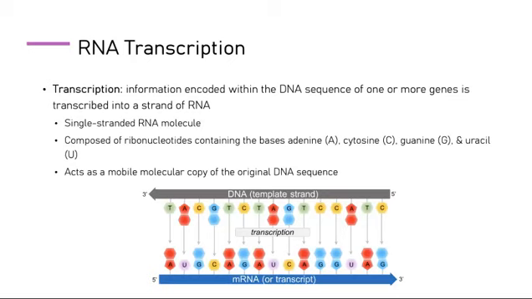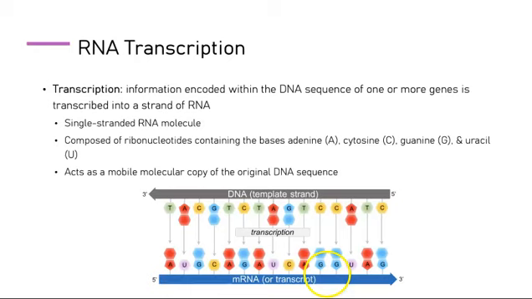So let's talk about RNA transcription first. Like we said, we are going to take information that's encoded within our DNA, this would be serving as our template strand, and then transcribe it into an mRNA strand or a messenger RNA strand. And this is just going to be one strand of information, whereas we know our DNA is a double helix.